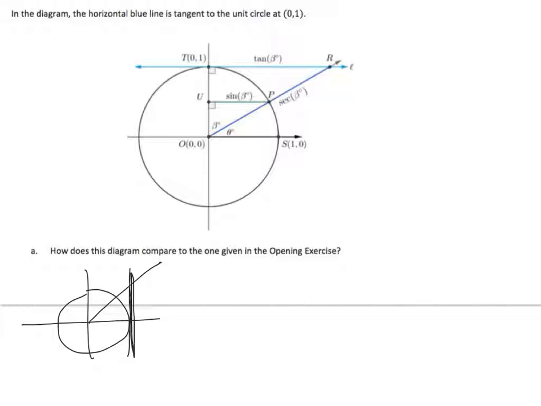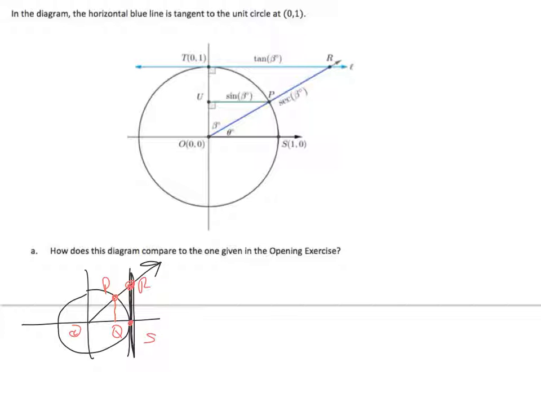There's my terminal ray, and I have R, this was Q, that's P. I can't remember what this one is named. It might still be S, and that is your origin.